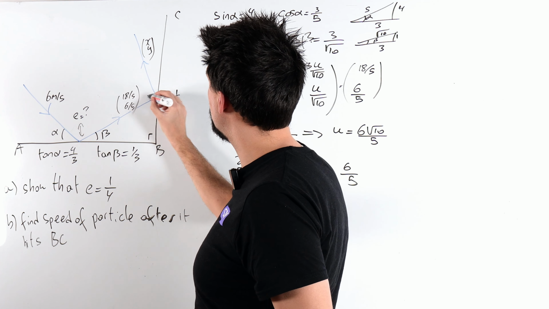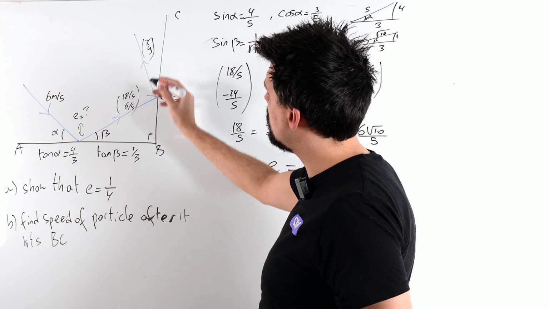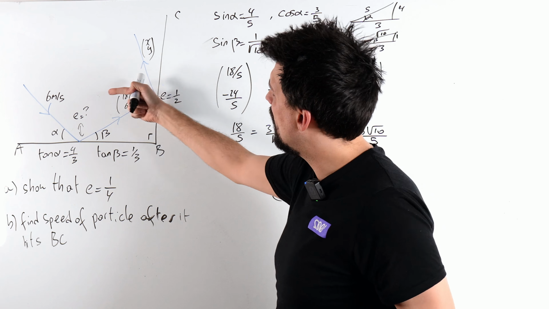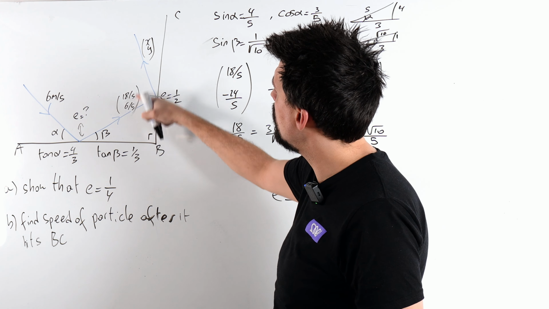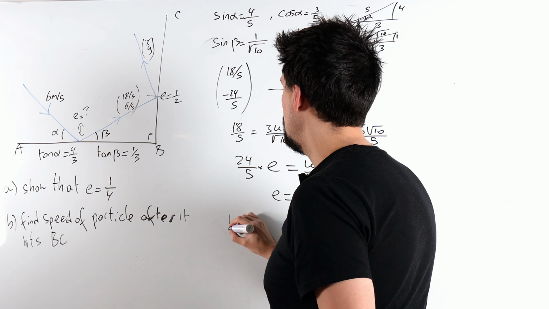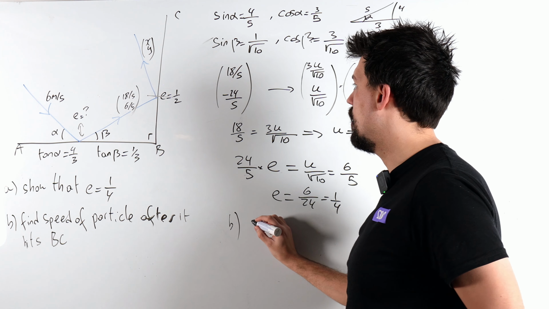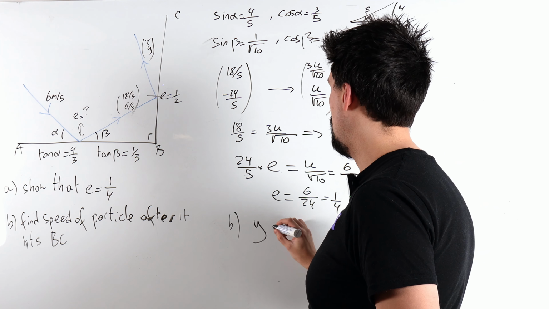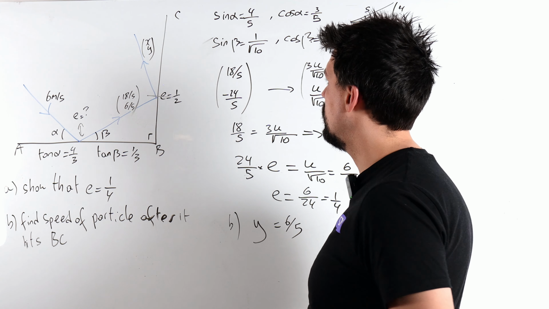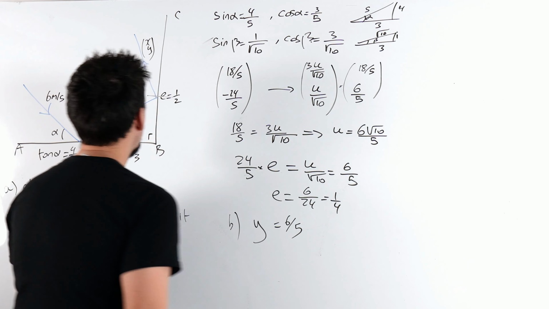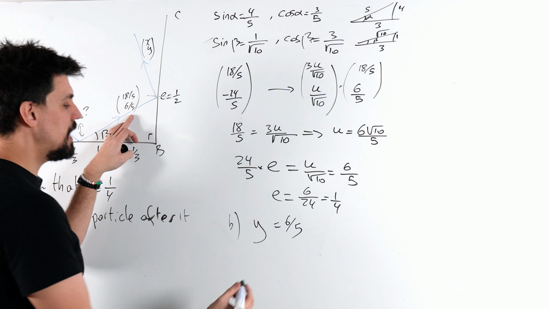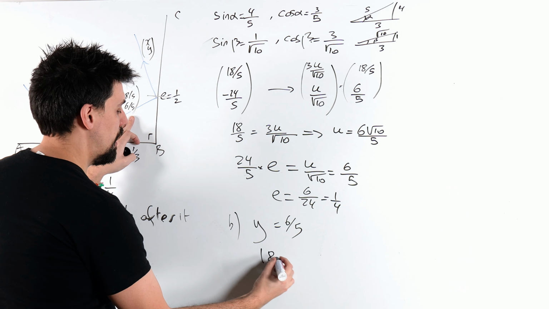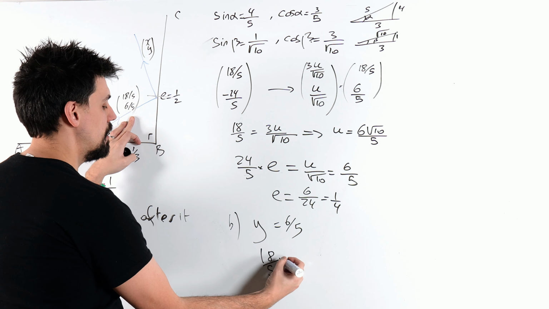And now we go again. However, this time, because the collision is with a vertical wall, right, the impact happens horizontally. So the component that's not going to change is the vertical component. So I know that y has to equal 6 over 5. And then it's quite simple. Speed of approach, it's approaching at 18 over 5 meters per second.